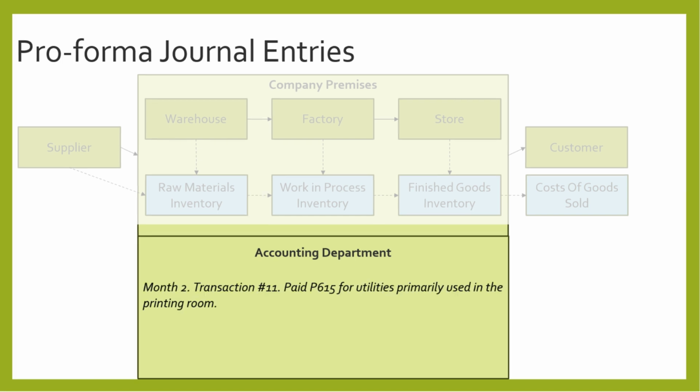At this point, we have transaction number 11, which states paid 615 pesos for utilities primarily used in the printing room. Remember, any amount paid related to production that is not classified as direct materials or direct labor should be recorded under which account title?